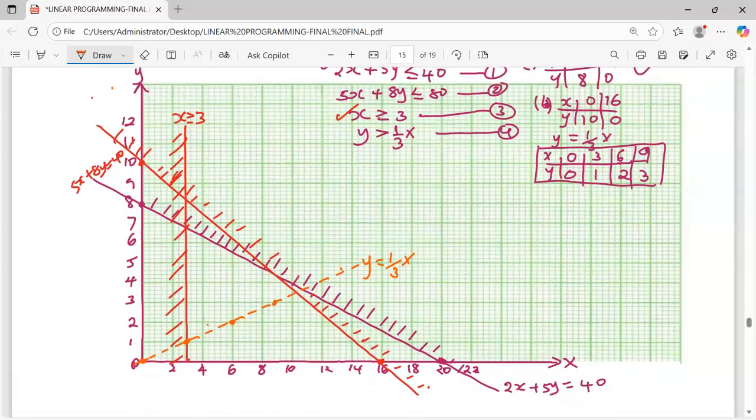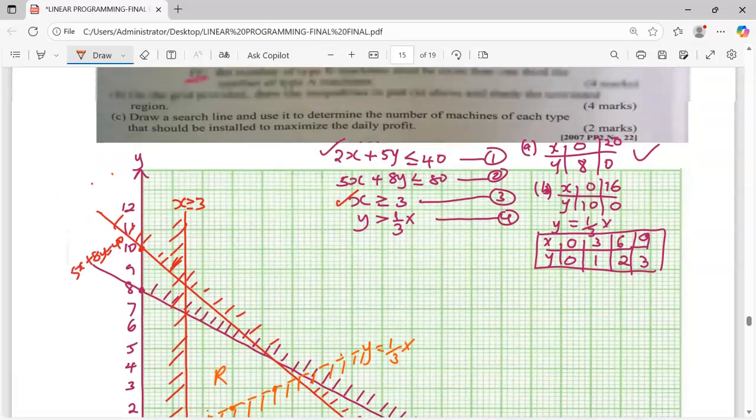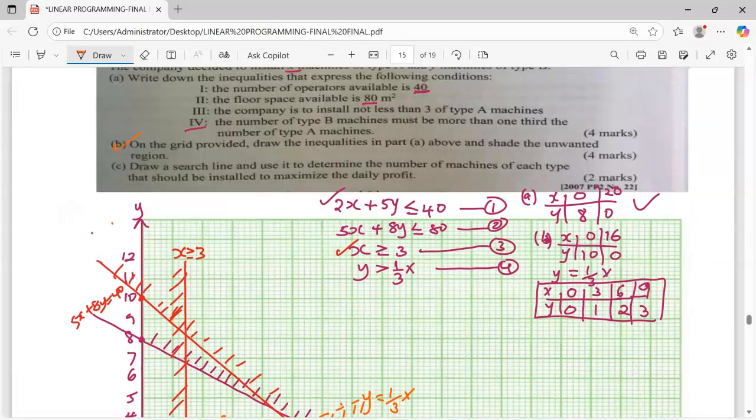What we need is above the line, and therefore we are going to shade the region below. And by so doing, now we are going to have our required region at this point here. Once we have done the shading and everything, that is part B and part A done.